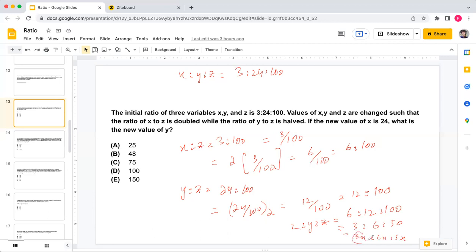We are given that 3x is equal to 24, and x came out to be 8. So what is the new value of y? In this, y is 6x, so 6 into 8 is 48. This is our required answer.